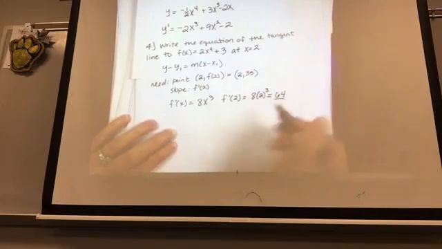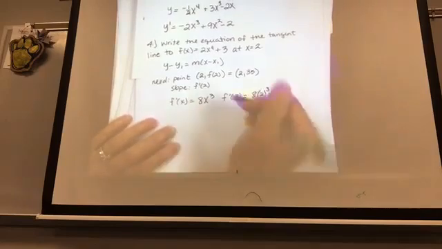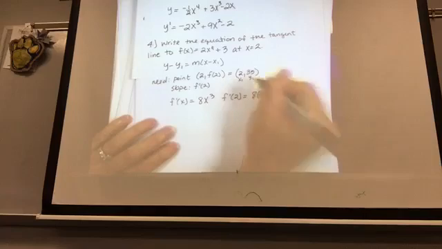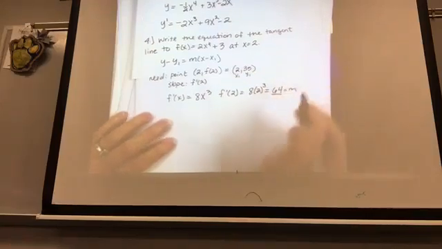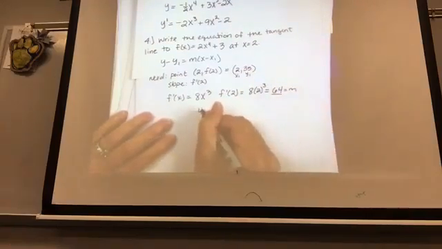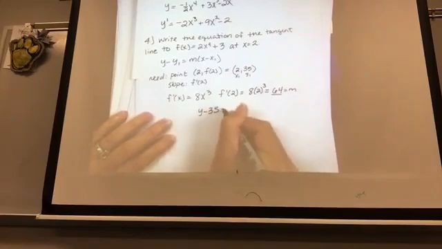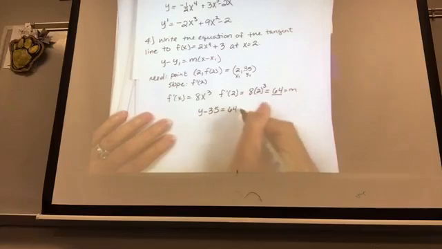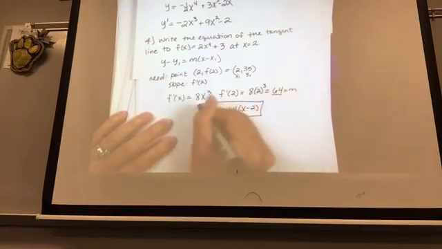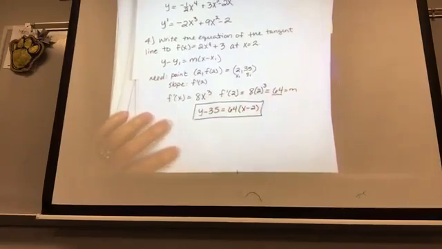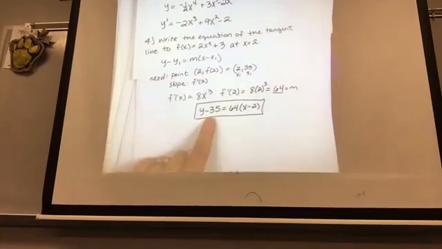So there's my slope. Now I'm going to label my point x1, y1. Plugging it all in, we have y minus 35 equals 64 times x minus 2. And remember, we can leave our answer just like that. We don't have to get y by itself if it says to write the equation of the tangent line. So a lot quicker when we can just use that constant and power rule.